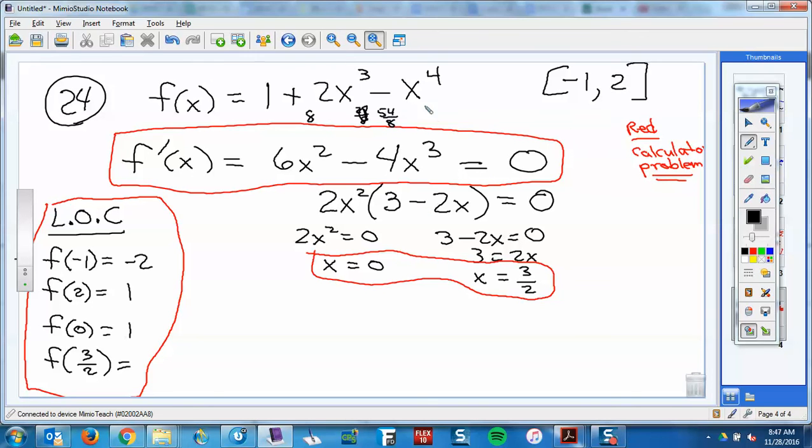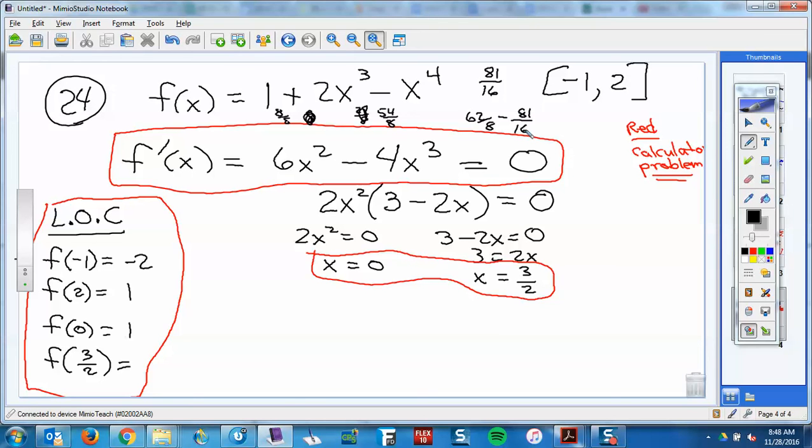So if that's 54 over 8, 1 would be 8 over 8, so 8 plus 54, it's 62 over 8. And then what's 3/2? 3 to the 4th is 81, and 2 to the 4th is 16. So it'd be 62/8 minus 81 over 16.